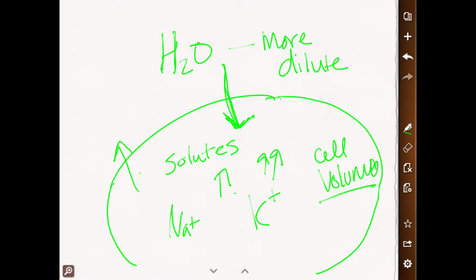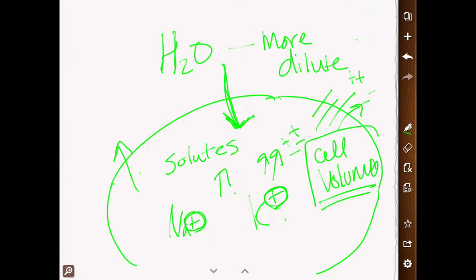We are controlling cell volume, and you'll notice that these little ions have a charge on them. So by controlling the number of ions inside and the number of ions outside, we can control the charge on this cell, whether it's more positive or more negative in relation to the outside of the cell.